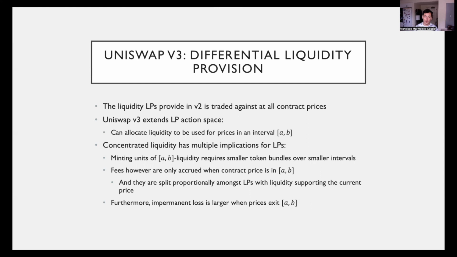And what V3 does is that it extends the action space of the liquidity provider. So now as a liquidity provider, in V2, I was simply deciding how much liquidity I was going to allocate over the entire interval of potential prices that assets can be traded at. Now for V3, I'm given the added expressivity of being able to decide intervals of price ranges over which my liquidity will be used to trade.